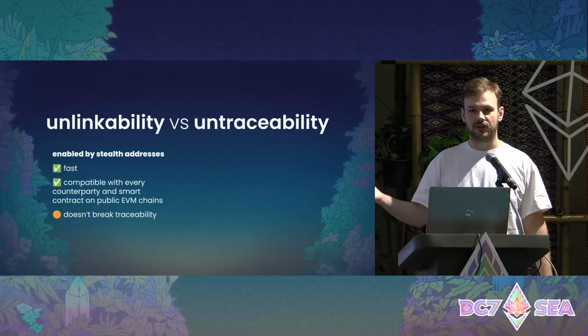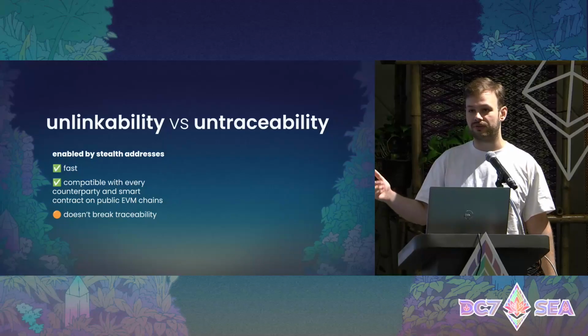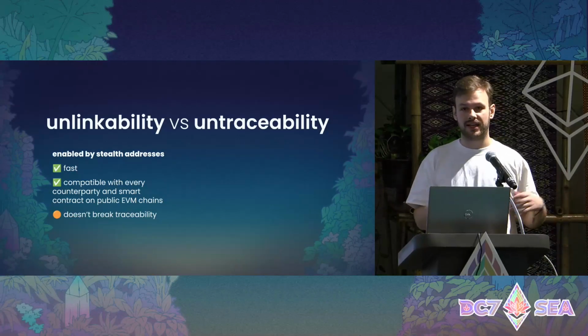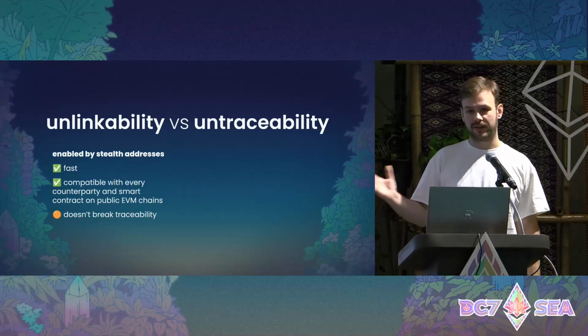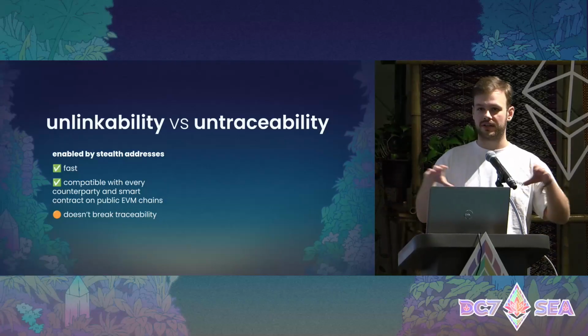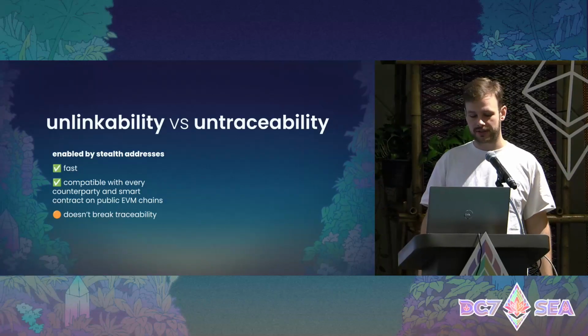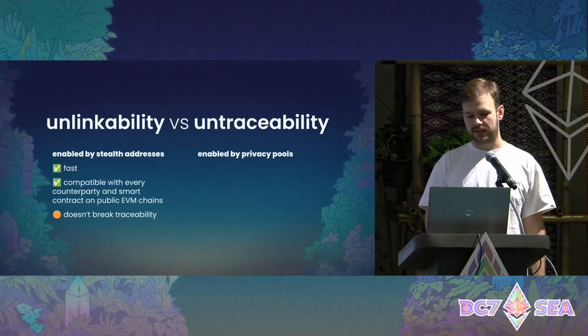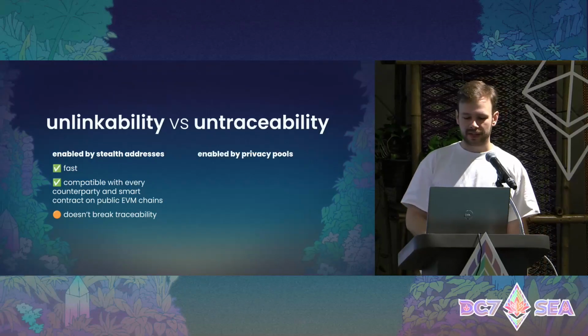So there's not the risk of you mixing funds with a third party that did something illegal or anything like that, because all of these addresses are fully self-custodial and only your addresses, and you're never mixing those funds with anybody else.